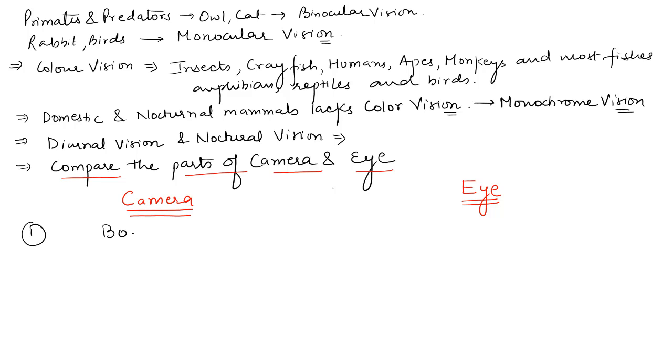The box part of camera can be compared to sclera. Then the black inner paint is choroid.